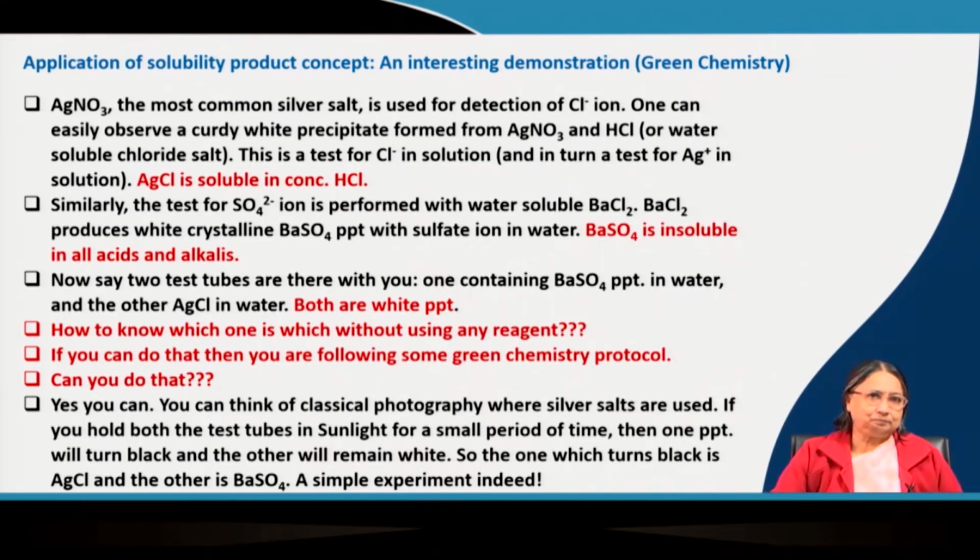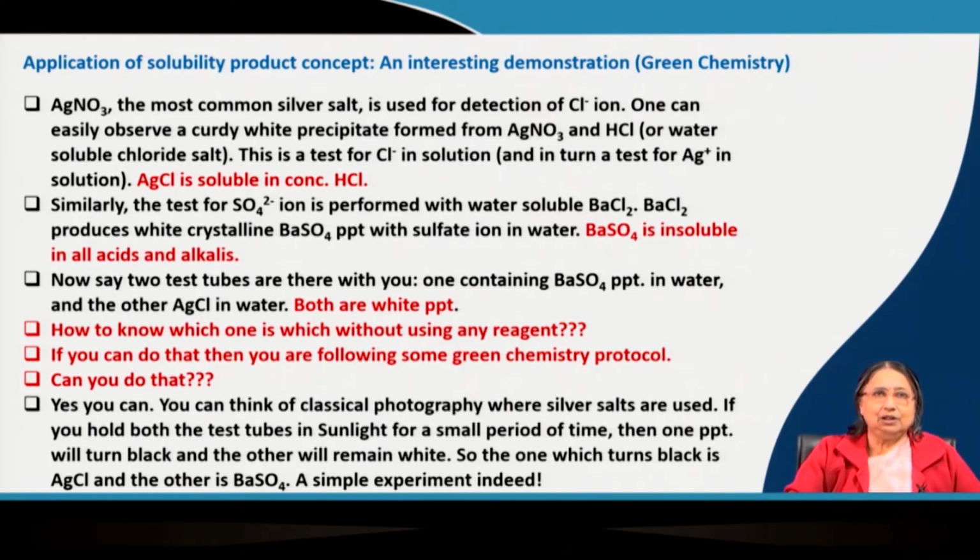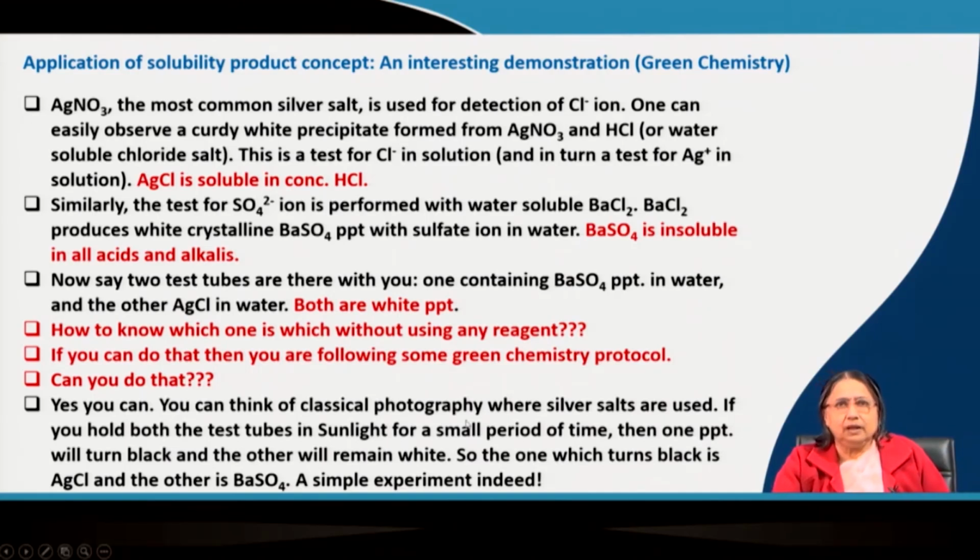Yes, you can. You can think of classical photography. Now everybody is using the digital camera, so we are almost forgetting the classical photography, where silver salts are used. If you hold both the test tubes in sunlight, in classical photography also we do the same thing, we expose the silver salt to light, and then it becomes black.